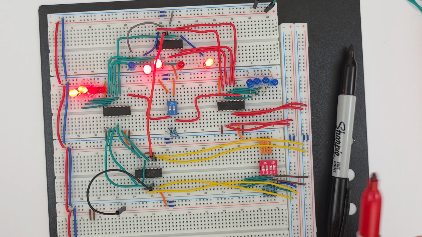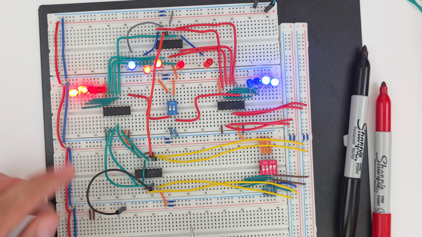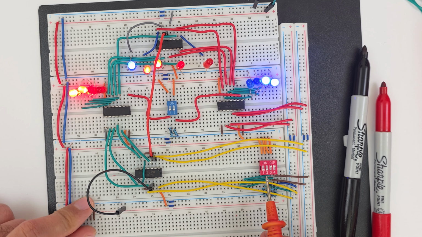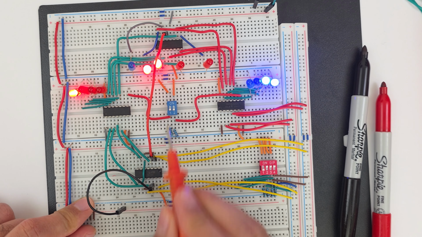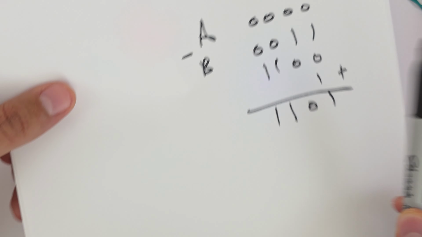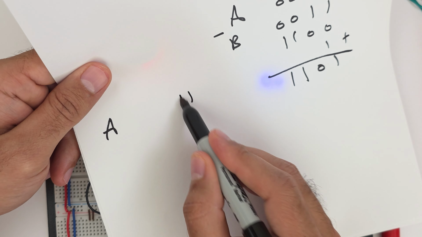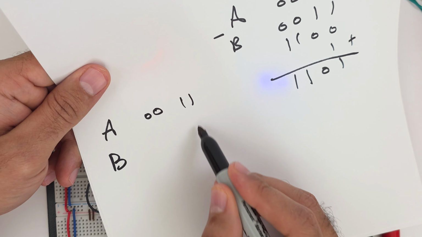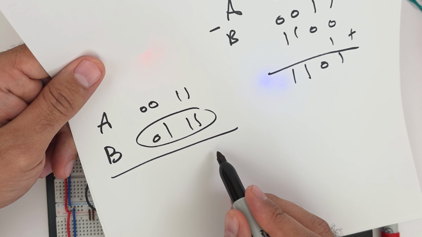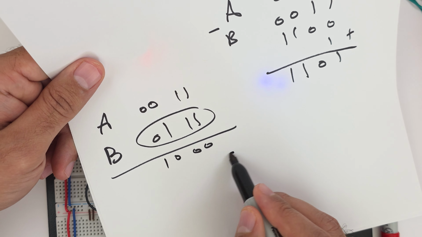Let's try something different. Let's try 3 here, and let's say 7 here. So 7 here, it should be like this. So let's calculate this. A is equal to 3, 1, 1, 0, 0. B is equal to 7. So let's convert this to the 2's complement. It is going to be 0, 0, 0, 1 plus 1.